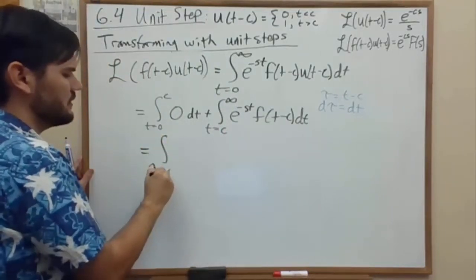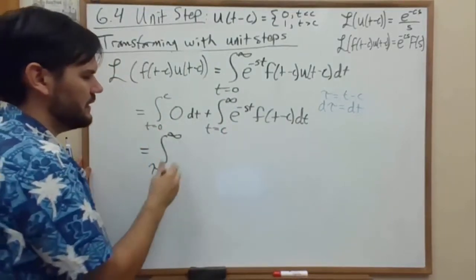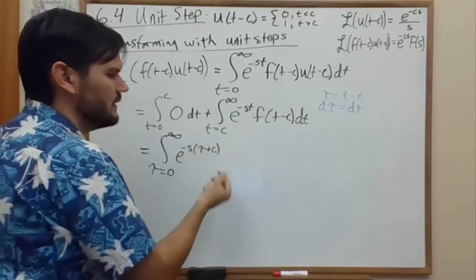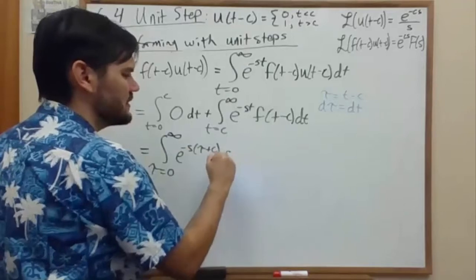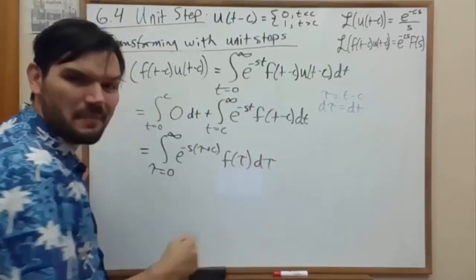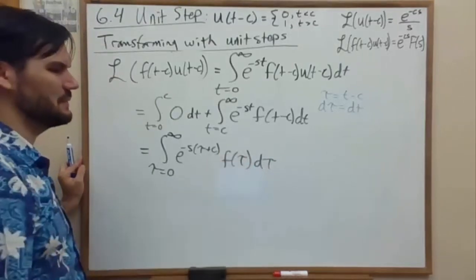Changes our limits from tau equals 0 on up to infinity. We get our e to the negative s times tau plus c again. And now that t minus c turns into an f of tau. So the function gets shifted back just like we expected it to be.